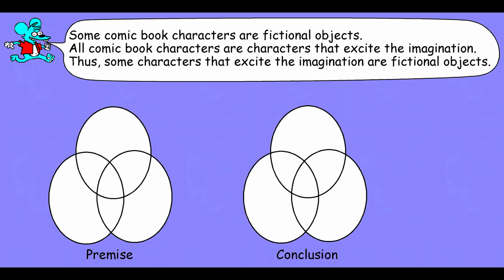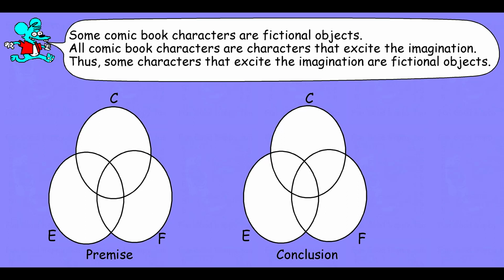My minor term, the subject of my conclusion, goes in the bottom left. My major term, the predicate of my conclusion, goes in the bottom right. And the middle or bridging term, the term that's in both of my premises, comic book characters, I'll put up top. Now that I've got my diagrams drawn and labeled, I go to my premises.